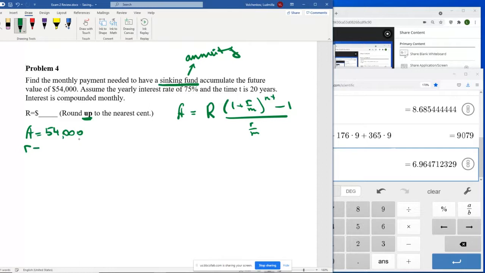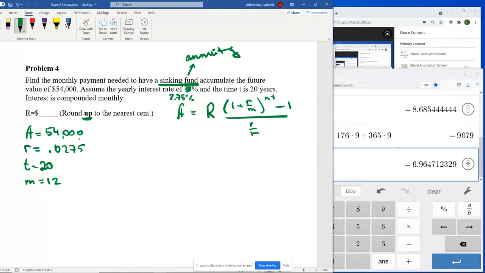Annual interest rate, lowercase r, is 2.75%, so 0.0275. Time is 20. Compounded monthly, so m is 12. That's all we need.